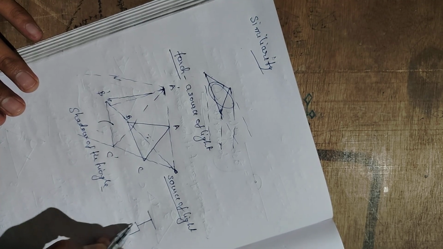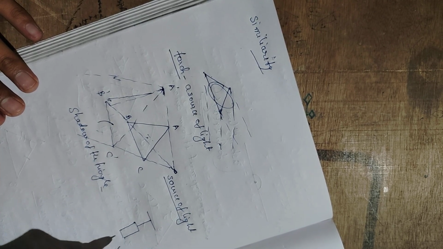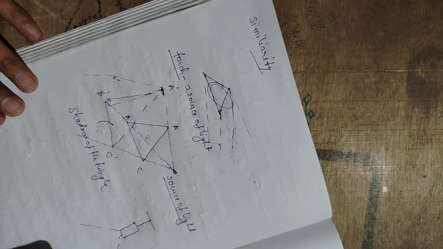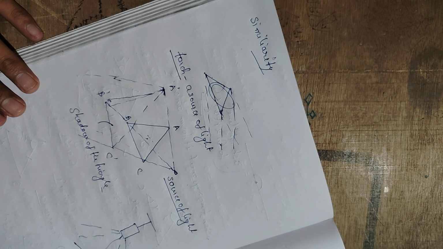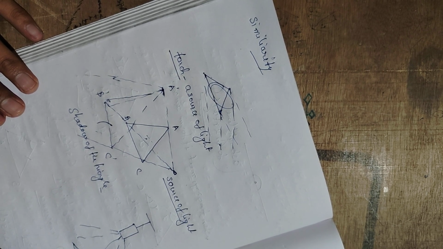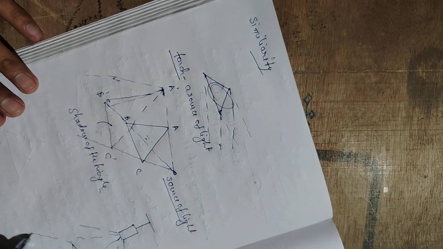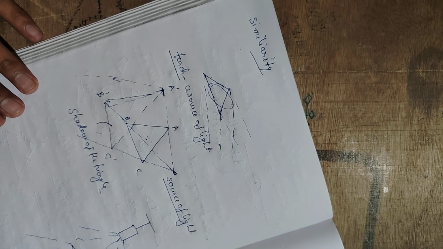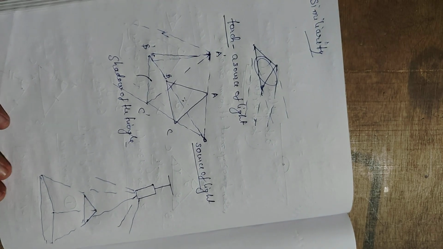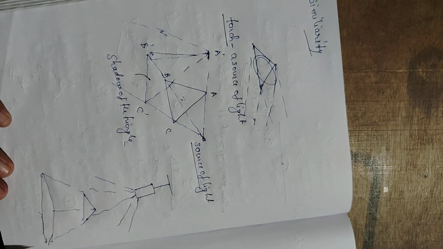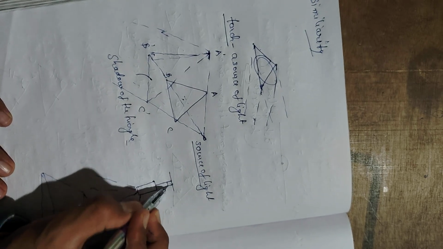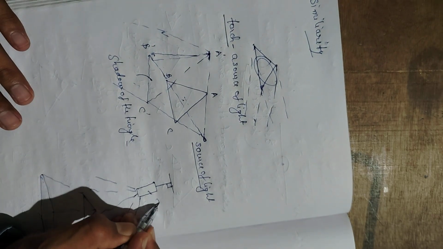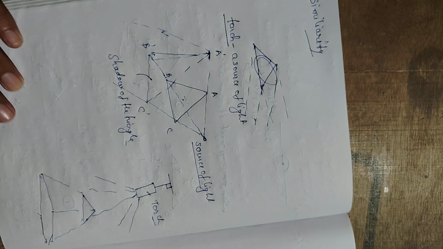There is a light going in all directions, and here this is our triangle, and here is the projection that we want. That forms a right angle. That is a torch or any source of light.